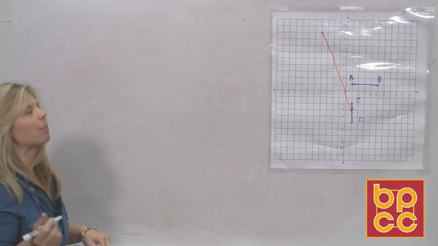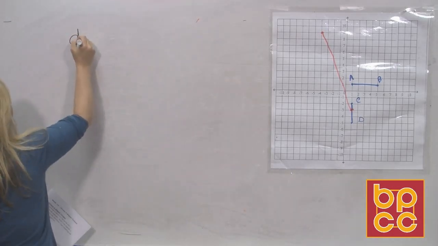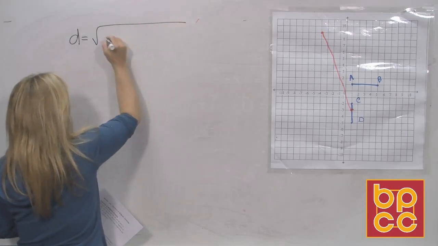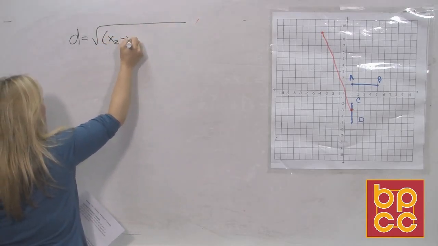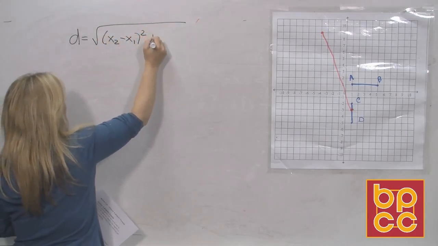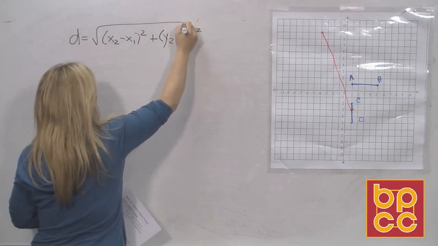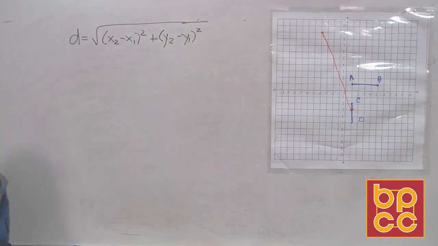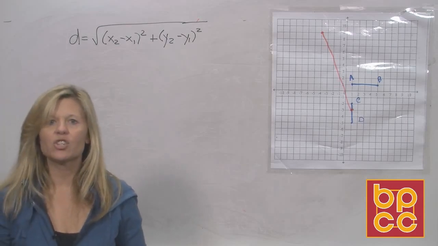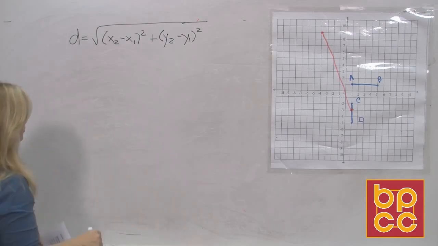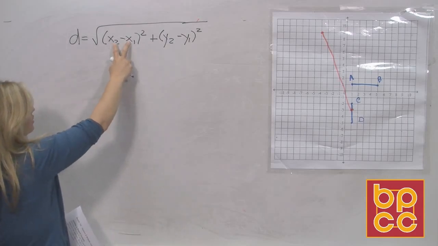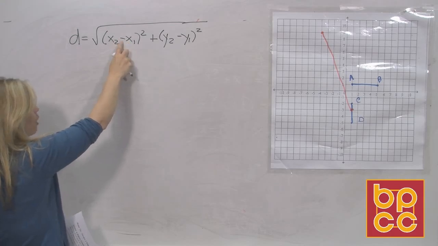So first of all, you have to memorize the formula. It's D equals the square root of (x sub 2 minus x sub 1) squared plus (y sub 2 minus y sub 1) squared. I know you're saying that's a lot. I'm going to teach you how to memorize it in words. If you look, we're going to take the 2 x values of the points and subtract them.